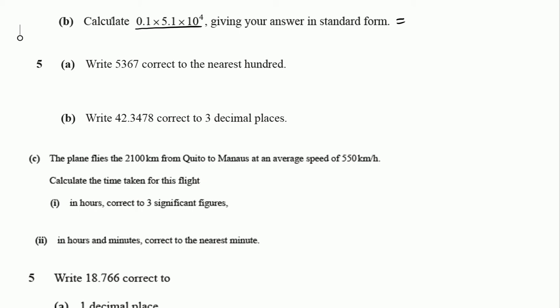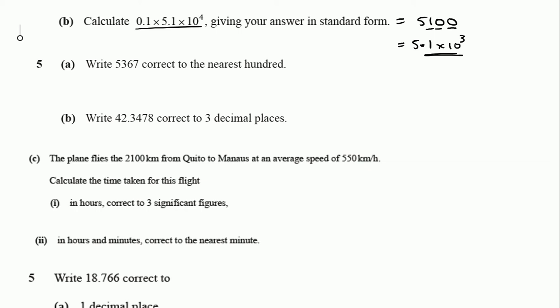So this thing is equal to 5,100, and now I can simply convert this to standard form. I'm going to write the first part of the number, 5.1, because I know that's where the decimal point would have to go. In order for the decimal point to get there, it would have to jump over 3 digits. I would have to times by 10 3 times to turn 5.1 into 5,100. So there's my answer.